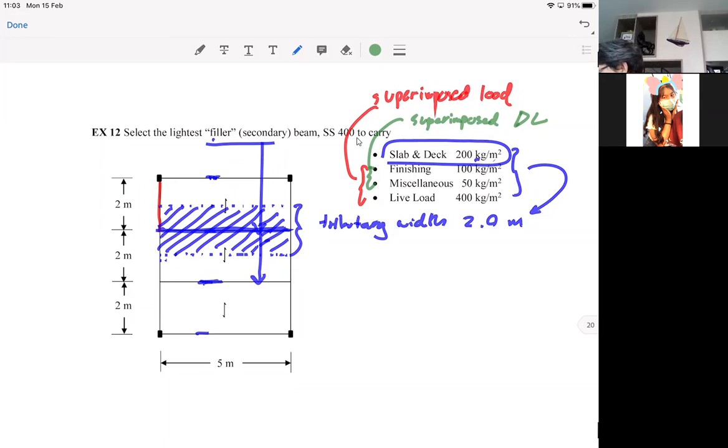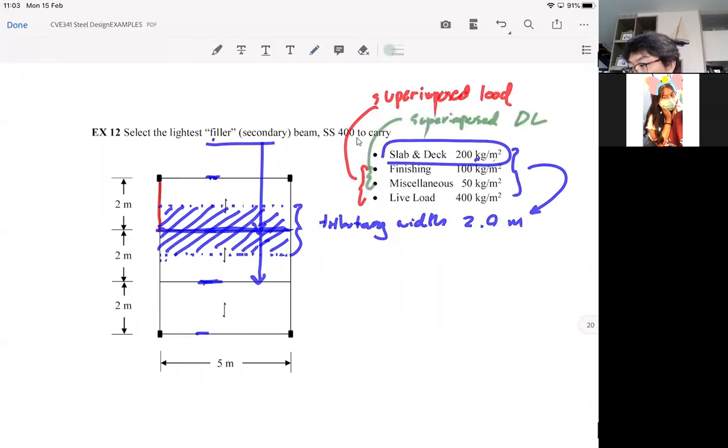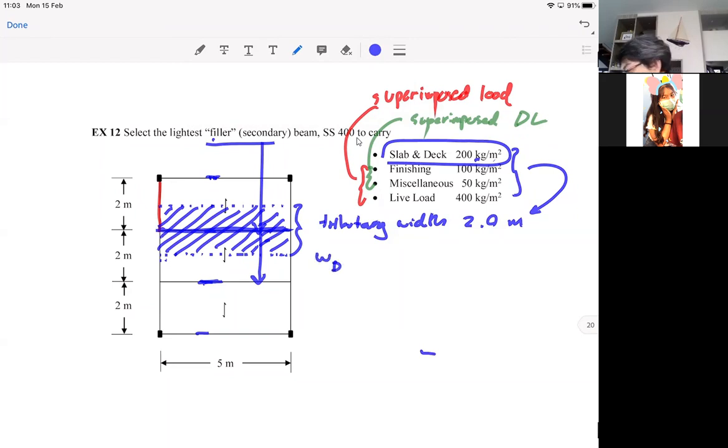I'm gonna use the ASD, so I don't have to worry about the load factor, but I have to use the right load combination as well. So let's say, to be fair and to make things very clear, I would say the uniform dead load to me is the slab and deck 200, the finishing another 100, and then the miscellaneous 50 multiplied by the tributary width, which is 2.